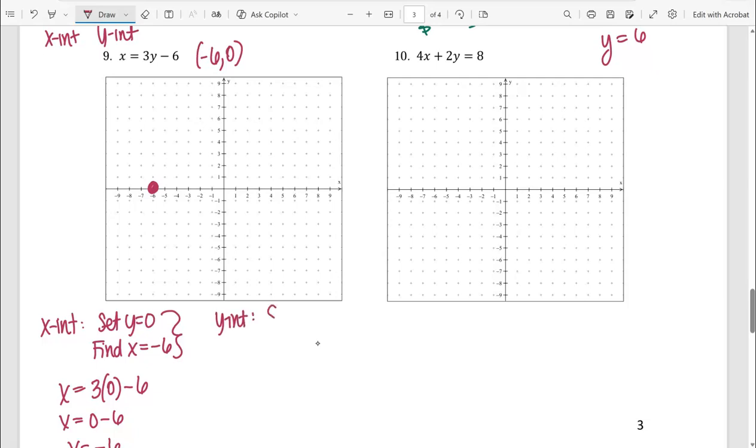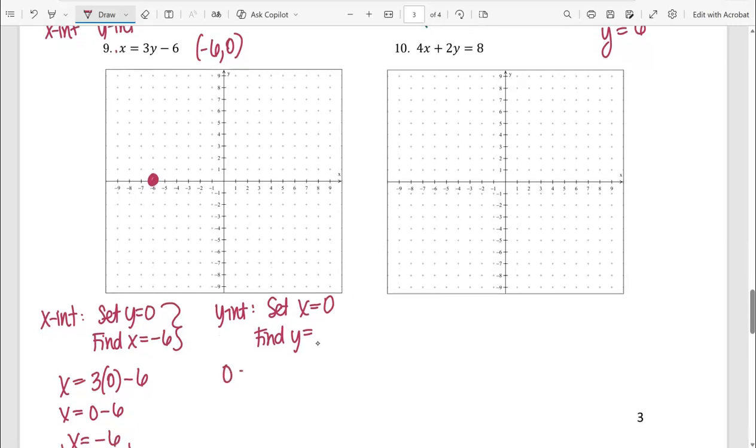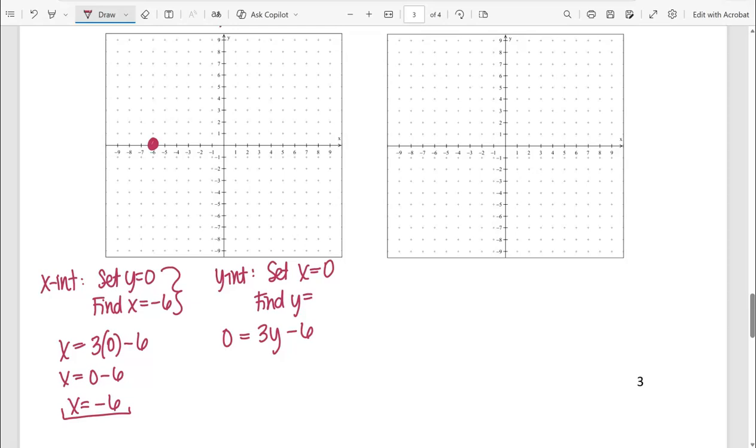For my y-intercept, I set x equals 0, and I find what y equals. So if I plug in for x, I end up with 0 equals 3y minus 6. In order to get y alone, I undo by adding 6 to the other side.